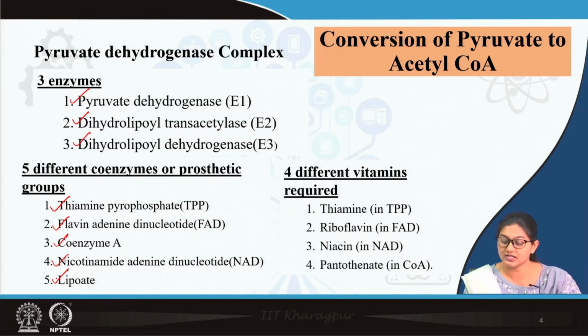What are those vitamins? Thiamine, present in thiamine pyrophosphate; riboflavin, present in FAD, flavin adenine dinucleotide; niacin, present in NAD; and pantothenate, present in coenzyme A. So, you can see in this enzyme complex there are 3 different enzymes, 5 prosthetic groups or coenzymes, as well as 4 vitamins required for this enzyme's activity.